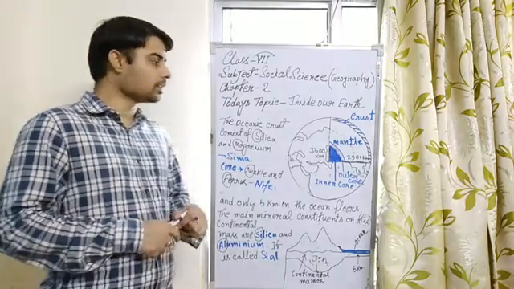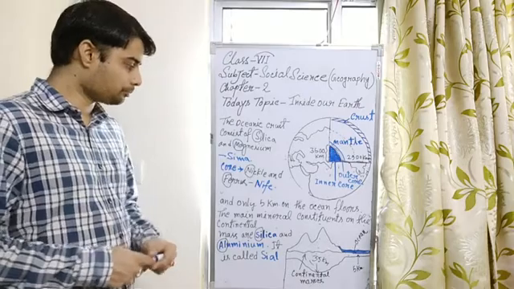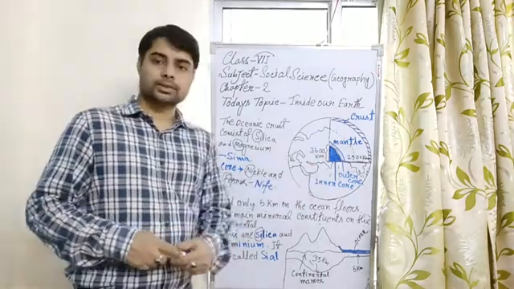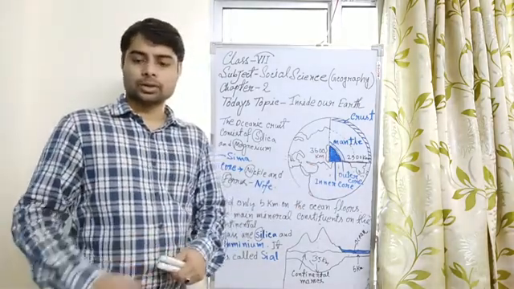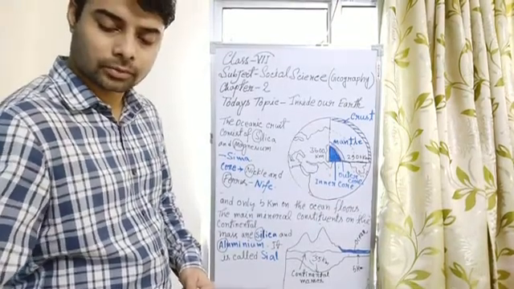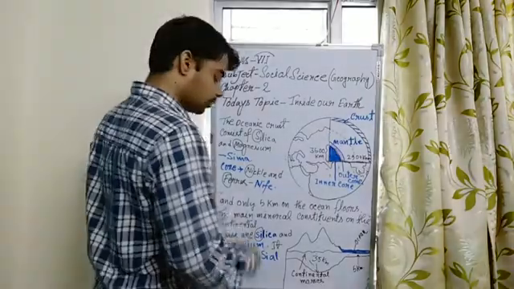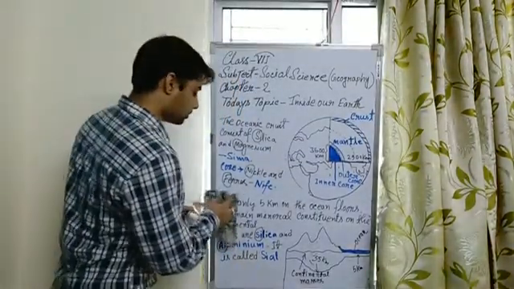One interesting thing I wanted to tell you is the total radius of the earth. What is the total radius of the earth? It is 6,371 kilometer.